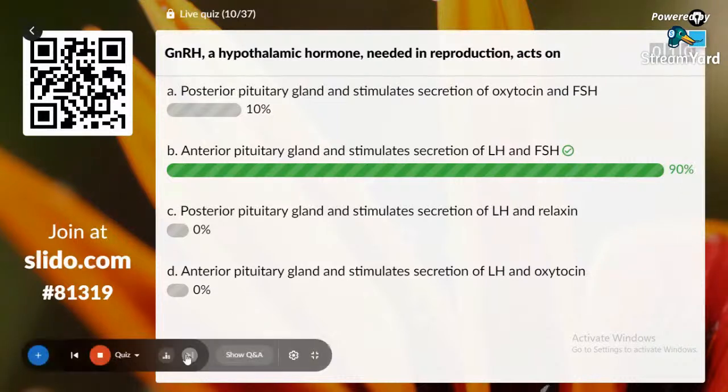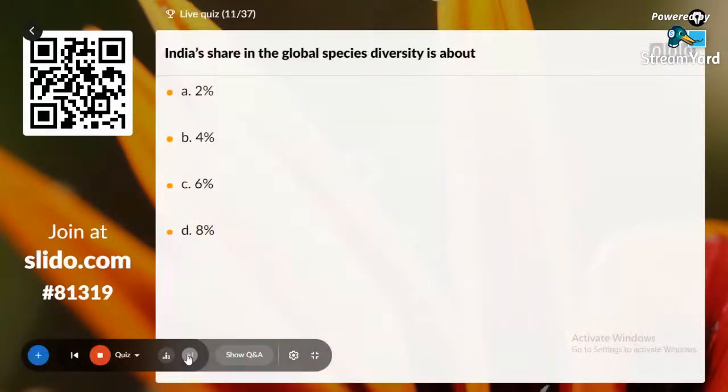Okay, 11th question on the screen. After this, I will show you the first leaderboard. India's share in the global species diversity is about option A 2%, option B 4%, C 6%, and option D 8%.